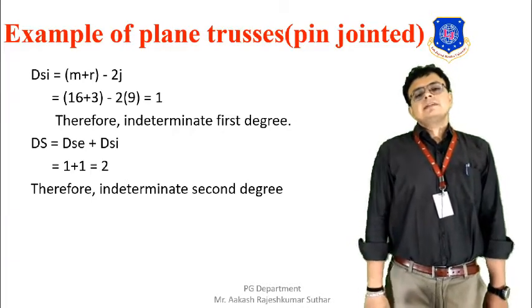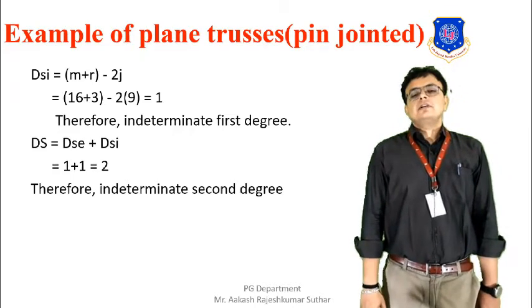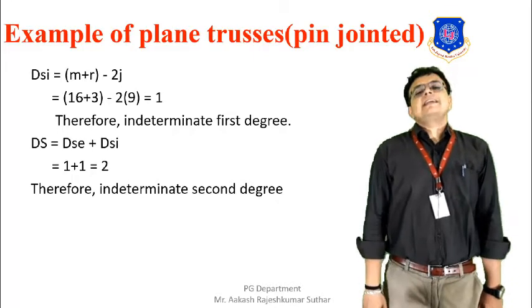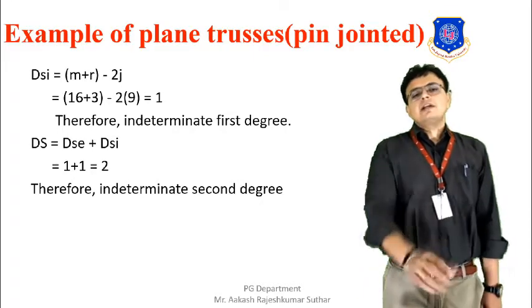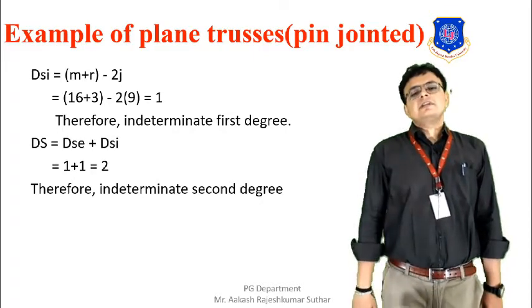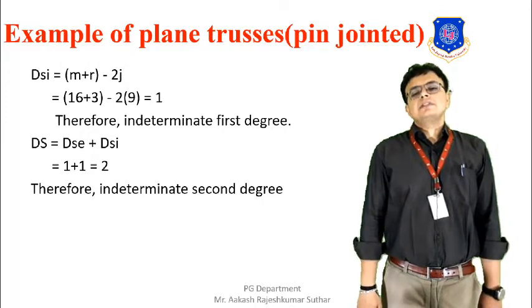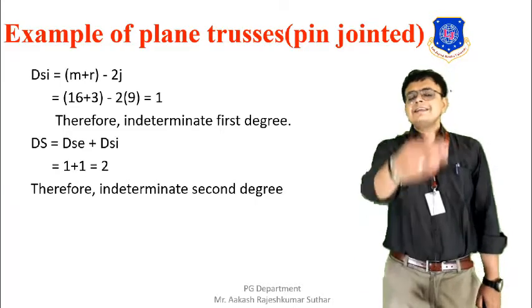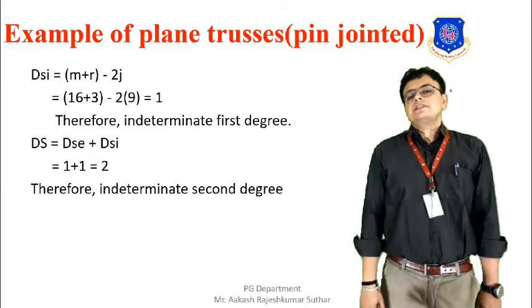So the number of members is 16, the number of equilibrium equations available is 3, and the number of joints is 9. We just have to put all this into the formula: 16 plus 3 minus 2 into 9. So basically we are getting the internal indeterminacy at the first stage.